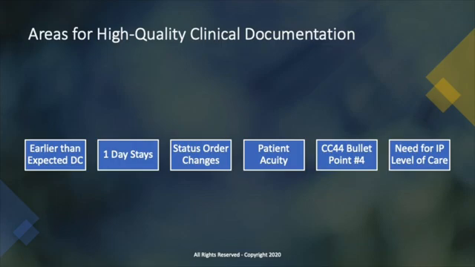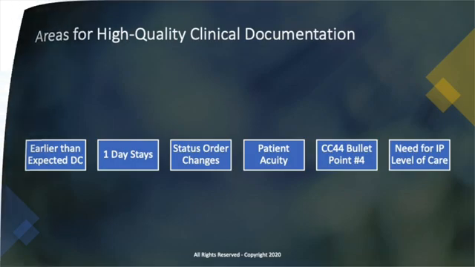Condition Code 44 has to do with the statement that there needs to be documentation of the process and what was going on. And lastly, one that I sometimes recommend but must be used cautiously is a statement in the assessment and plan to say that, and these services could not have been performed in a lesser level of care.